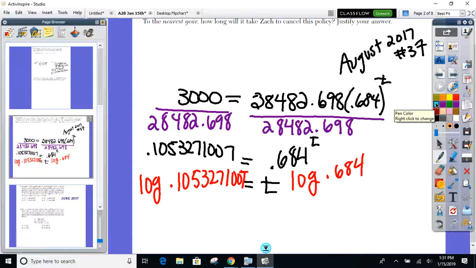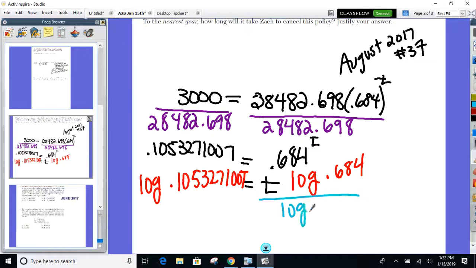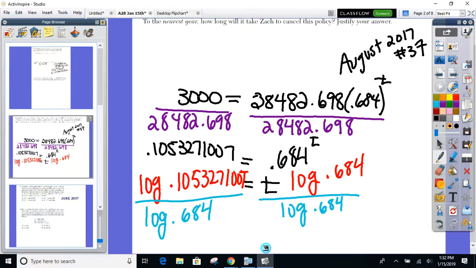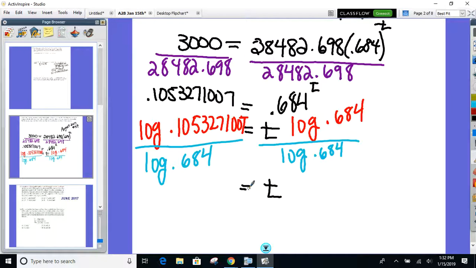And then solve for T. Divide both sides by the log of 0.684 and look at the rounding directions. And we're getting about 6 years, hopefully.